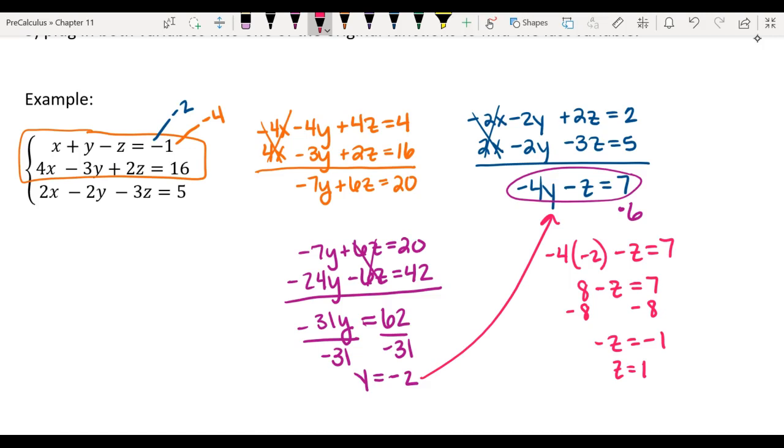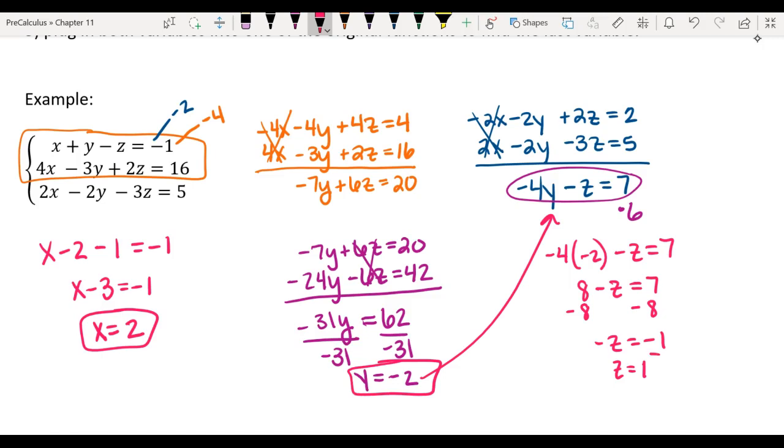So we have z is 1. I'm going to choose this first one. So then we have x minus 2 minus 1 equals negative 1. So that's x minus 3 equals negative 1. So x is 2. So we have 2, negative 2, and 1 as our three solutions to this equation.